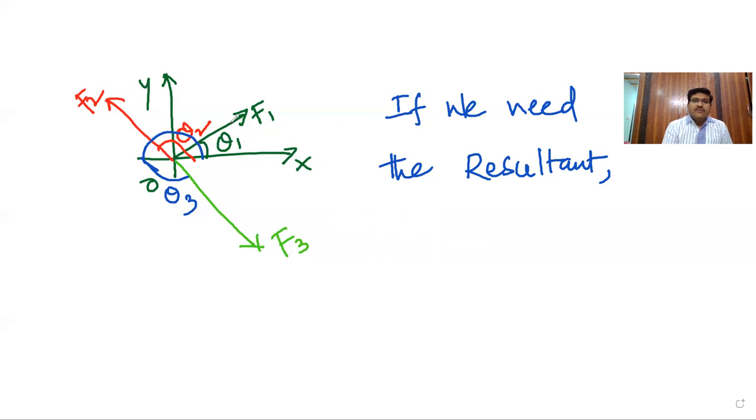The component of force F1 along the x-axis, the component of F2 along the x-axis, and the component of F3 along the x-axis, and take the sigma of all the components along the x-axis. Sigma stands for the summation of all the force components along the x-axis.